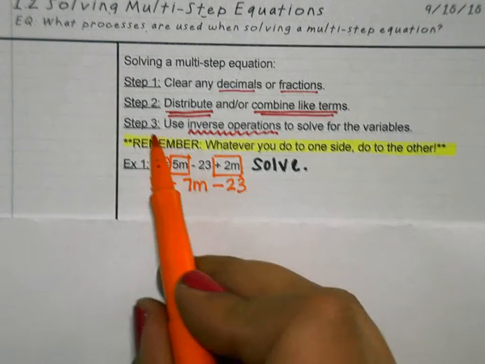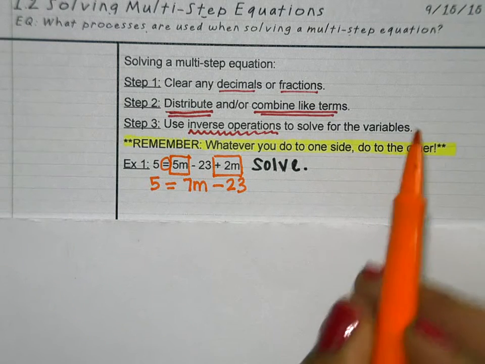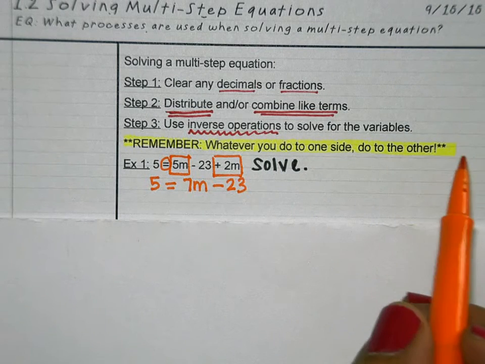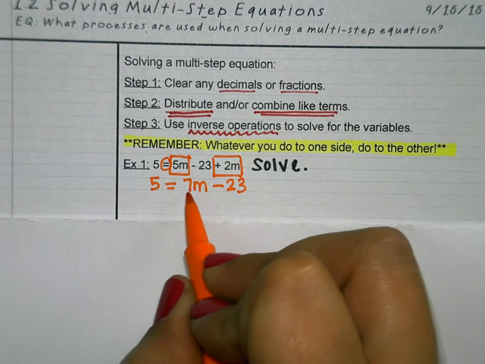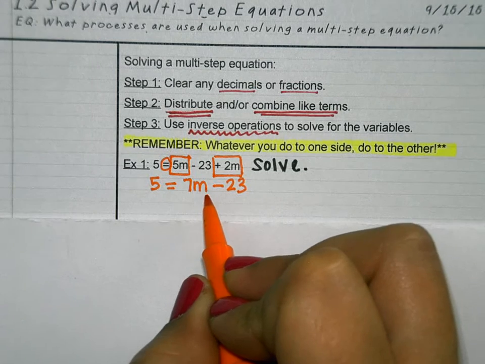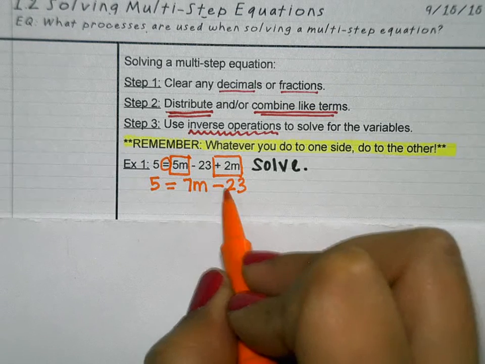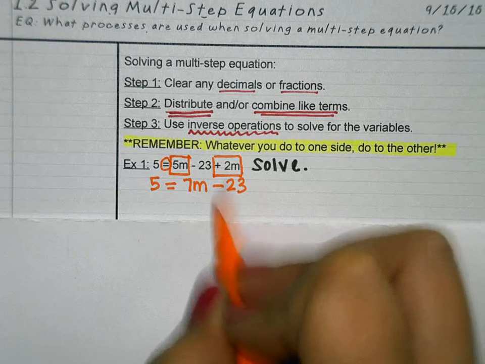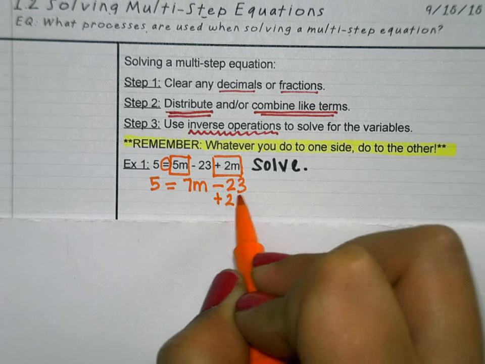The next step says to use inverse operations to solve for the variables. So that means I need to get my variable onto its own side. So if you guys notice, 7m is on the right, so it's going to stay there. But I have a minus 23. So the opposite, or the inverse, of minus 23 is to add 23.